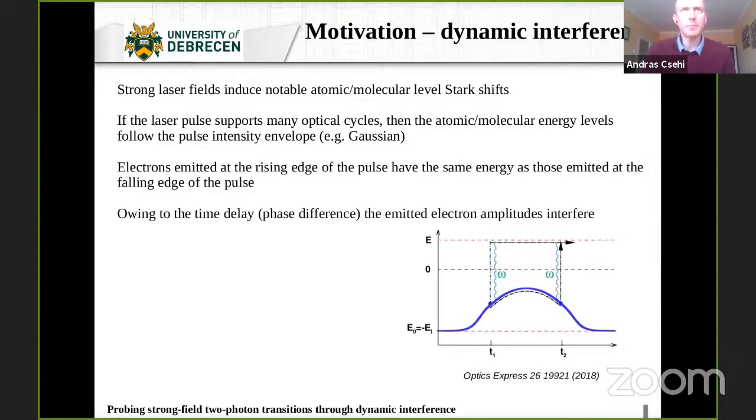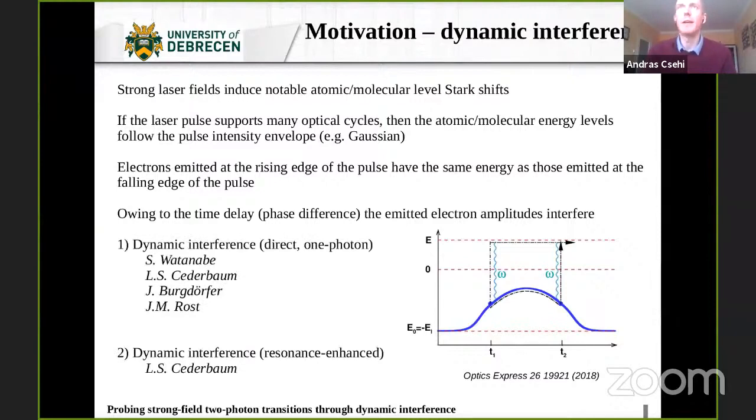In this way, the electrons emitted at the rising edge of the pulse have the same energies as those emitted on the falling edge of the pulse. Due to this time difference or phase difference, these electron amplitudes interfere, and this so-called dynamic interference occurs. This effect has been well studied over the past decade by several groups.